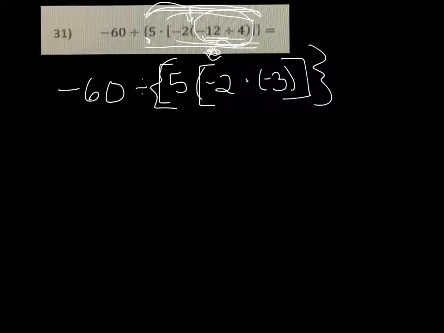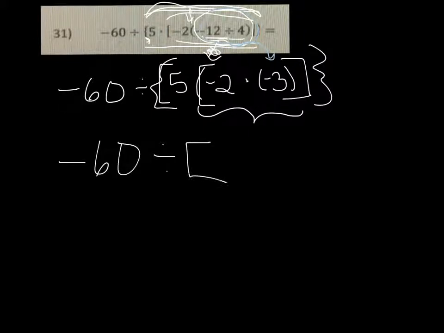Okay, so now what did I do? I only solved this part, negative 12 divided by 4. Okay, let's keep going. Now I need to do negative 2 times negative 3. So I'm going to rewrite the rest of my problem.